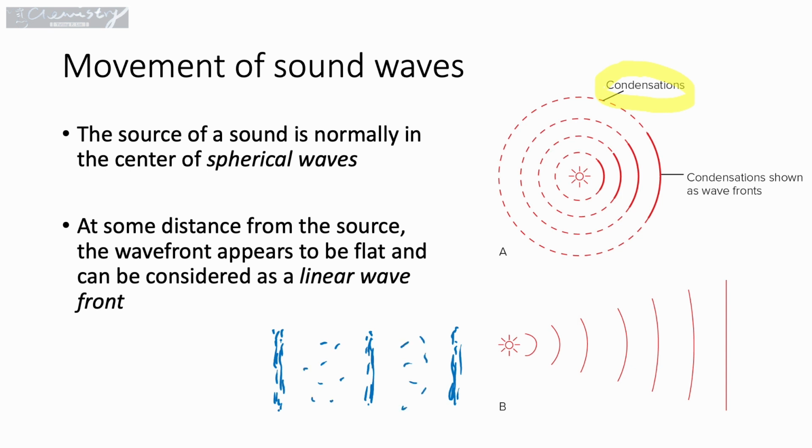What these lines are depicting is the condensations or compressions over here. And remember that in the middle, the less dense region is called rarefaction. Sometimes you can see linear wavefronts, and sometimes you can see them represented as concentric circles, but remember that the lines are the condensations.